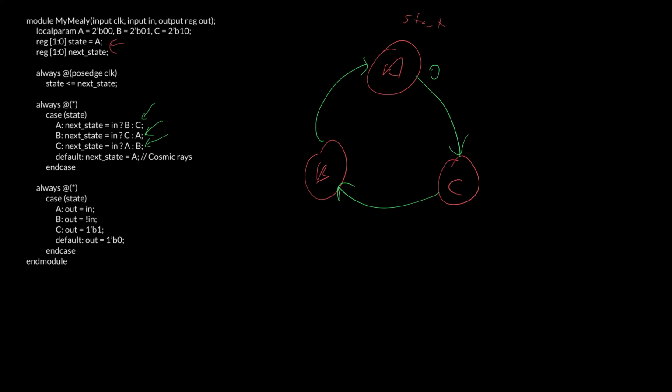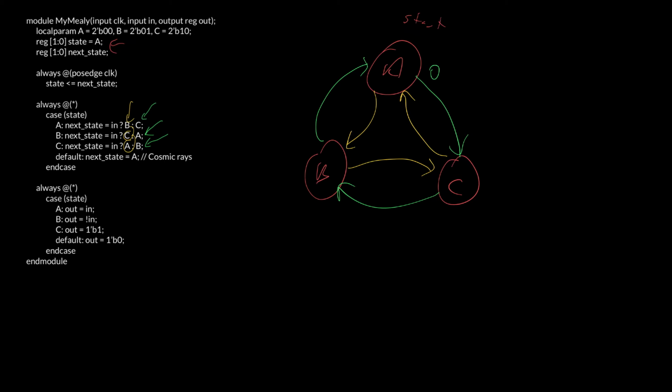If I'm in state A and the input says 1, I go to state B. If I'm in state B and the input says 1, I go to state C. If I'm in state C and the input says 1, I go to state A. These are my 1 transitions.